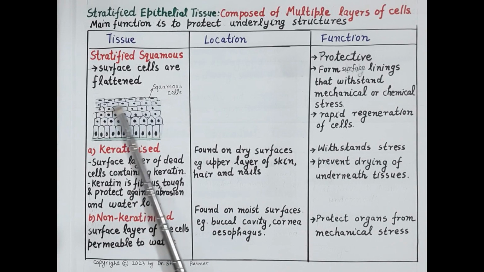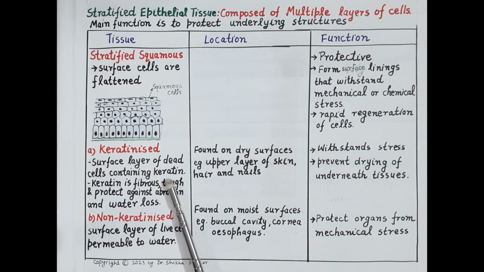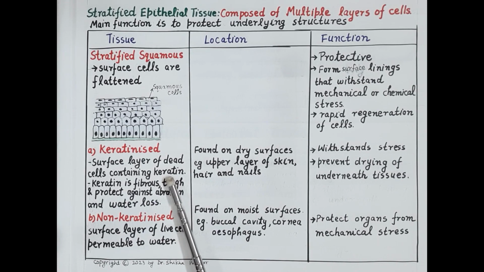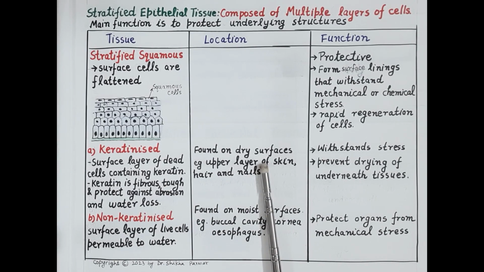Instead, these cells get filled with keratin. Keratin is a fibrous, tough protein, and it provides protection against abrasions, cuts, injuries, and it also prevents the loss of water. And thus, this keratinized stratified squamous epithelium is found on dry surfaces.